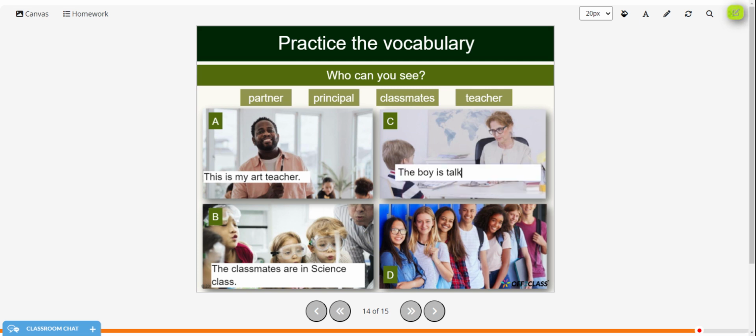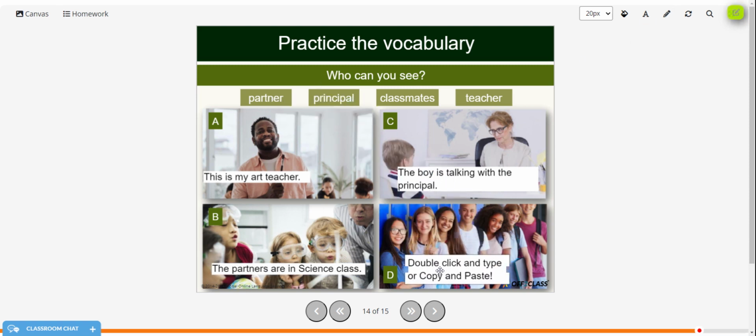The boy is talking with the principal. Actually, here we should probably say the partners. And there are 7 classmates in the picture.